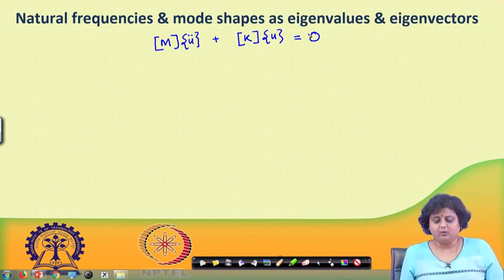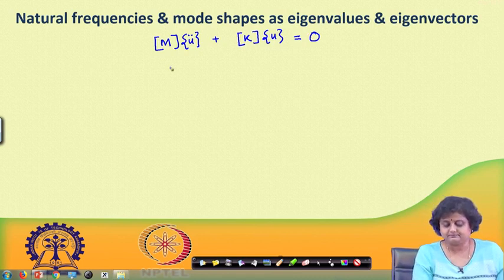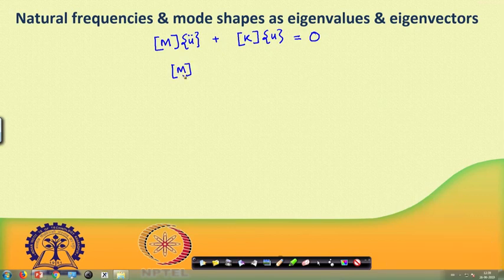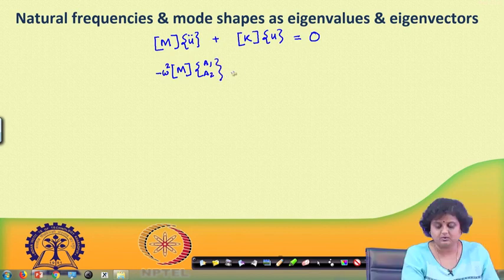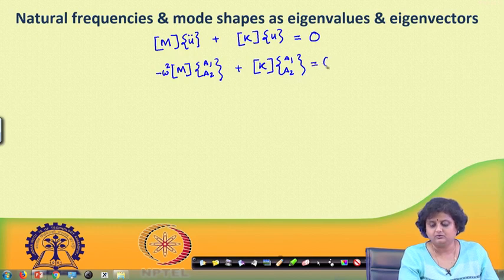We know that this can actually be written as m into minus omega square A1 A2 plus k into A1 A2 equals 0.